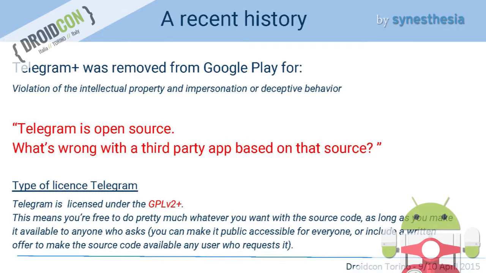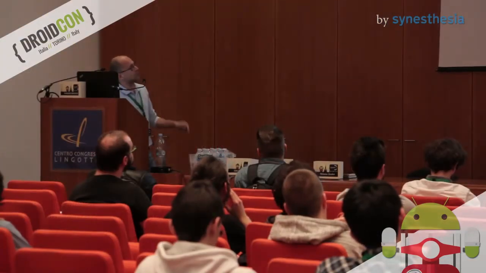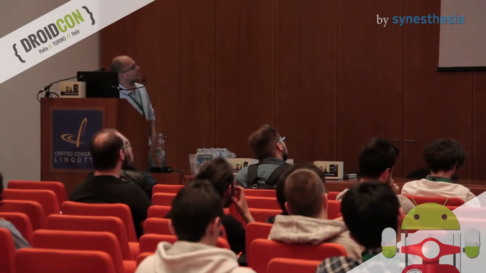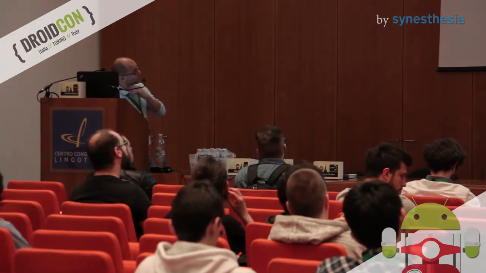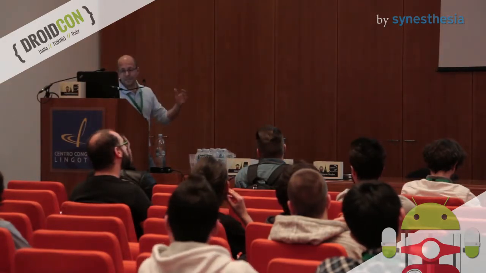Here is a recent story. I don't know if you know about Telegram Plus. It is an application that was published and then removed from Google Play for violation of intellectual property. I read a lot of posts and blogs about this situation, and I found a lot of comments with the same sentence.